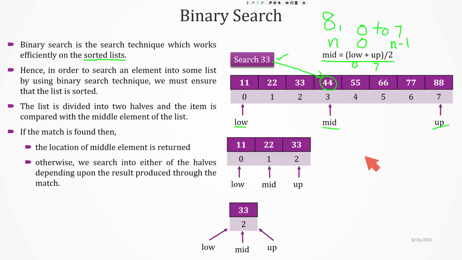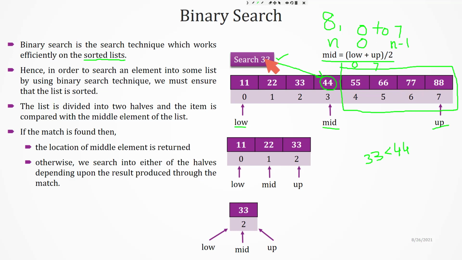Then we check whether 33 is less than 44. Here 33 is less than 44. Since we are searching for 33 and it is less than 44, we can discard the right side part of 44, because the right side of 44 contains values greater than 44.